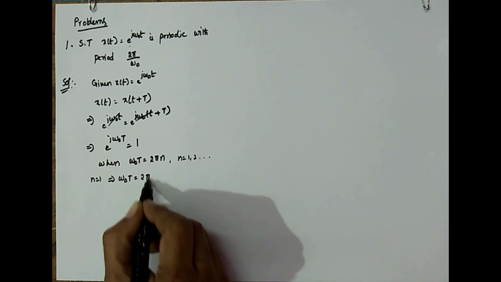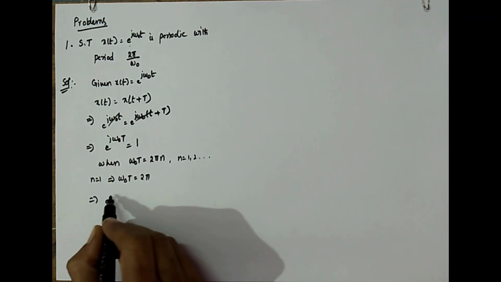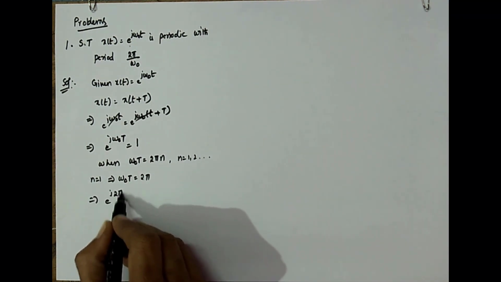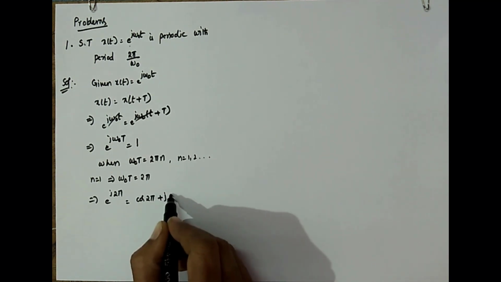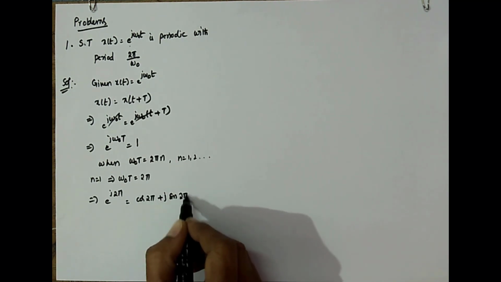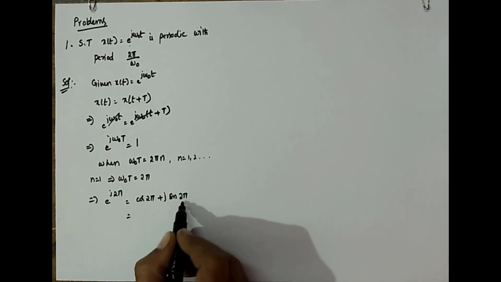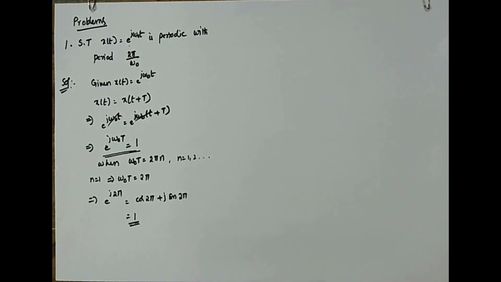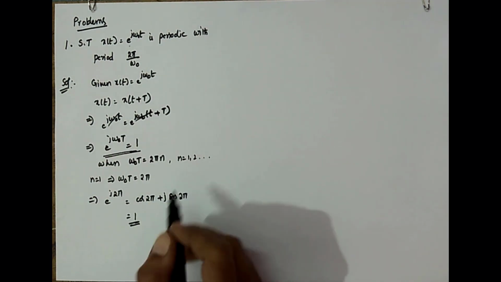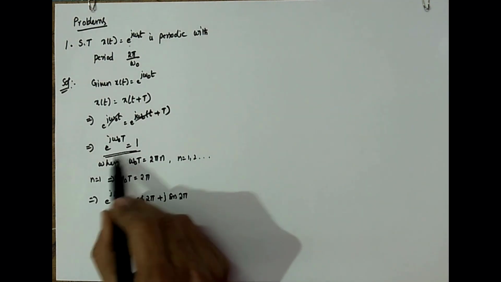Omega naught T equal to 2 pi. So e power j 2 pi is equal to cos 2 pi plus j sin 2 pi. What is the value? The sine is 0, so the value is 1. So it satisfies. When n equal to 1, it will be 1.